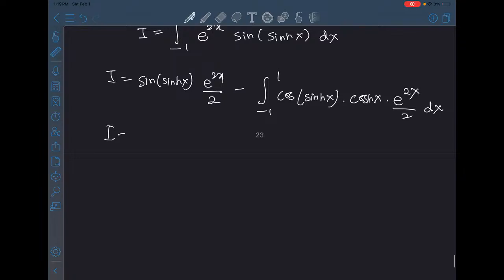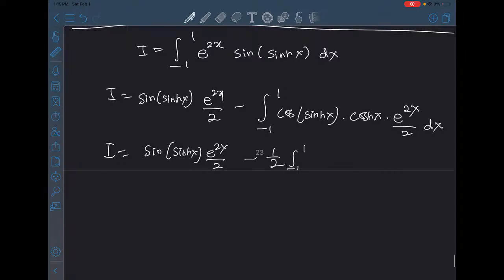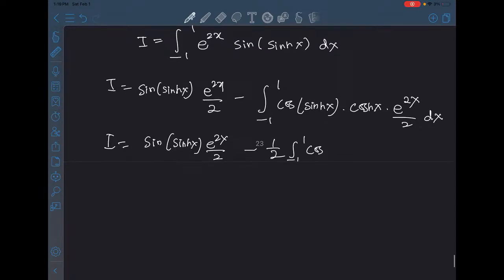So I is sine of sinh x times e to the power 2x by 2, minus half of the integral from minus 1 to 1 of cos of sinh x, cosh x, e to the power 2x dx, right?